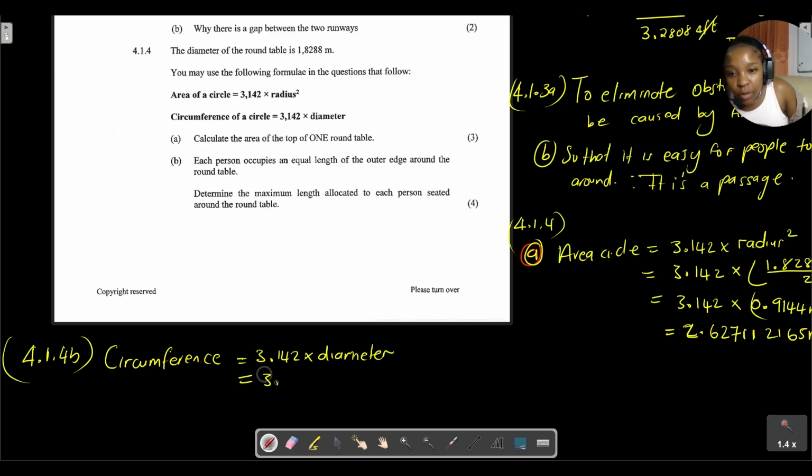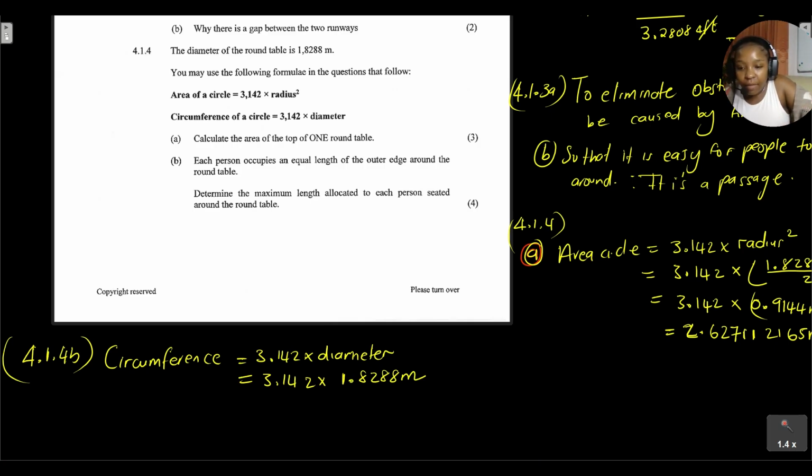So it's 3.142 multiplied by the diameter, 1.8288 meters. If you punch this into your calculator, the circumference, or the length around our table, is 5.746086 meters.